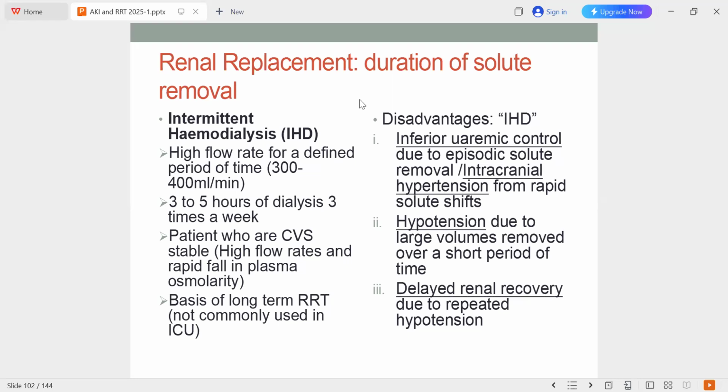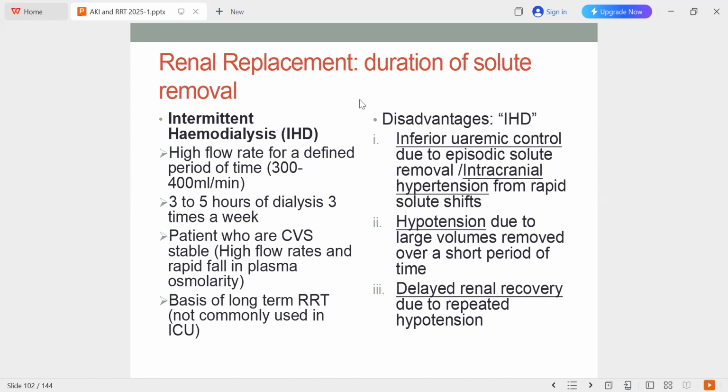Here patients are hemodynamically stable and it is the basis for long-term renal replacement therapy. Because most of our patients in the ICU are hemodynamically unstable, intermittent hemodialysis is usually not recommended there. A disadvantage of intermittent hemodialysis, IHD, is that it has inferior uremic control.